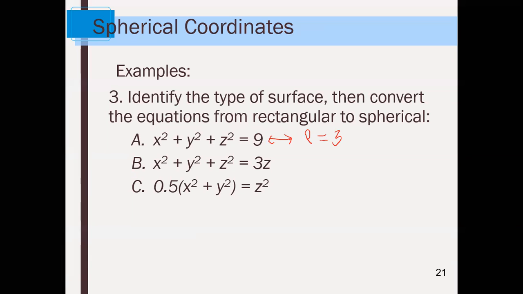Okay, what about this guy right here? What kind of surface is letter B? If I subtracted 3z over, I can complete the square for z, and I would get a sphere of a particular radius. What that radius is precisely might not be totally clear right now.